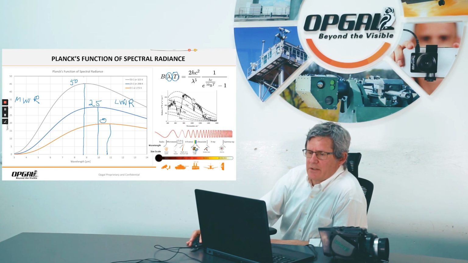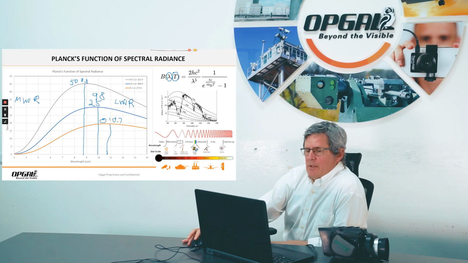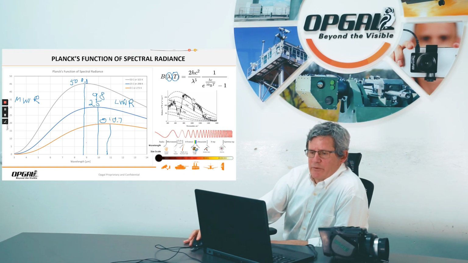So I would say here it's about 8.8, and here it's around 9.8, and here it's about 10.8, something like this, 10.7. It doesn't really matter. So this is my last observation here.